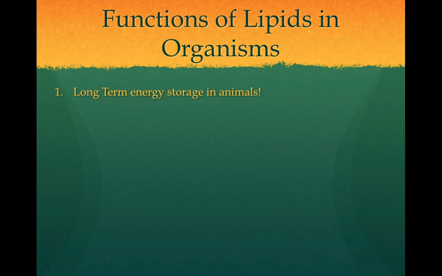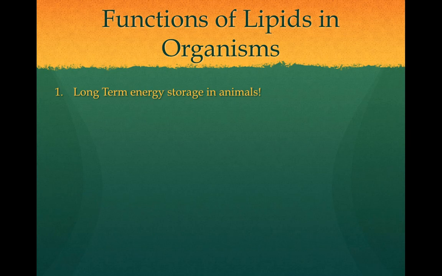So those of us who could store our extra energy that we take in and didn't use had a survival advantage. So when you store fats, your body's saying, hey, there might be a time where I don't have access to food, and this is going to be a way that I will still be able to get all of these trillions of cells in my body the energy that they need.